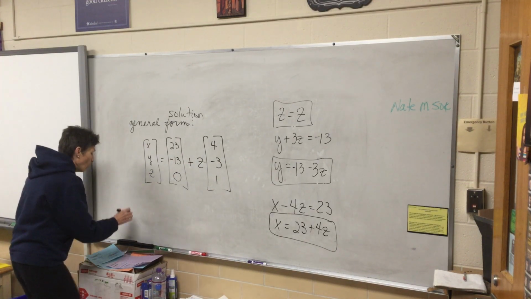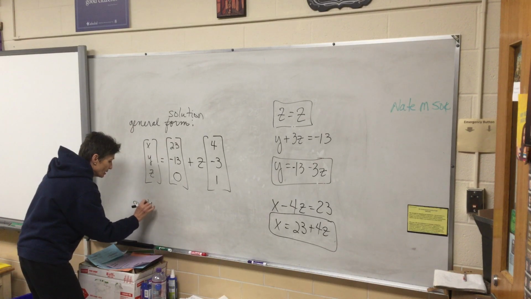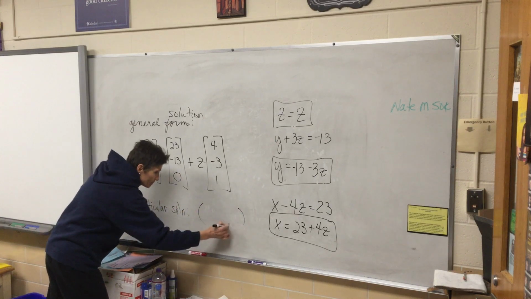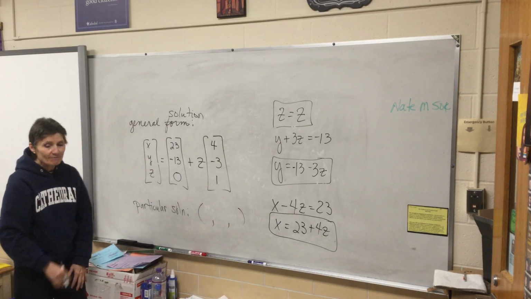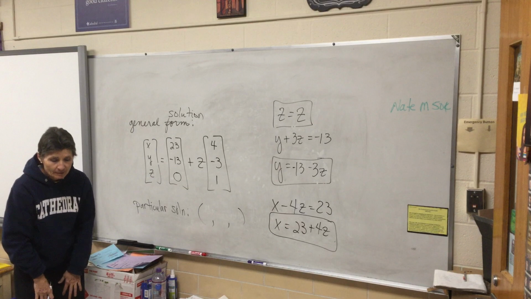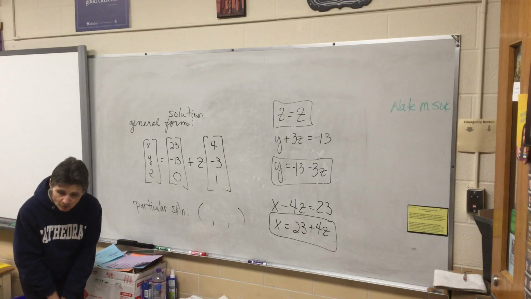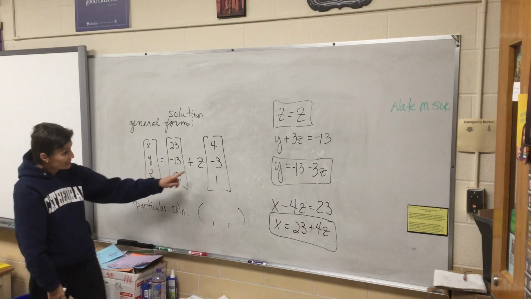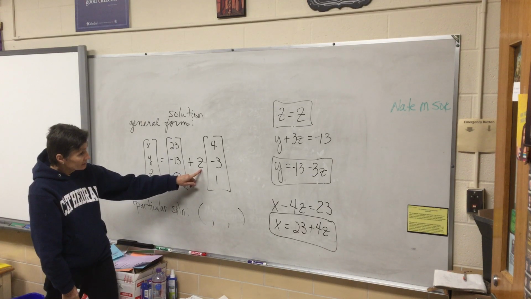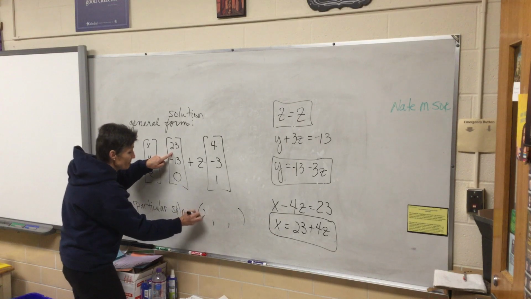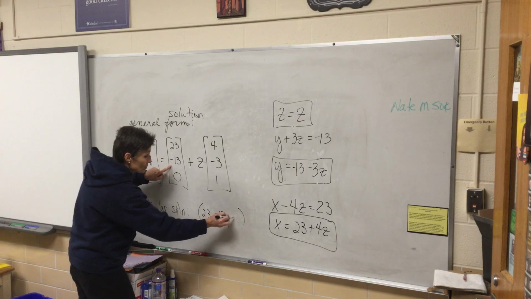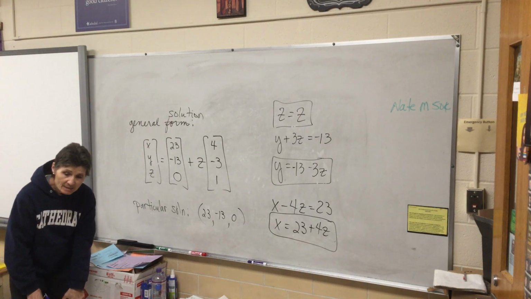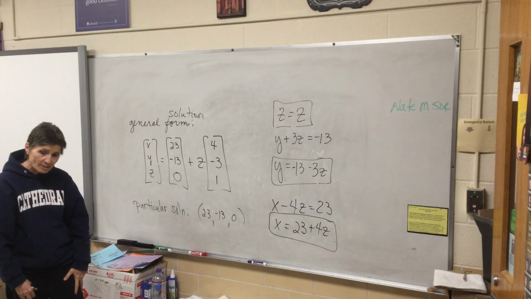If you want a particular solution, then you're going to pick a value for z. The easiest value of z to pick is 0. Because if you let z be 0, then your point is going to be 23, negative 13, and 0. But there are infinitely many particular solutions.